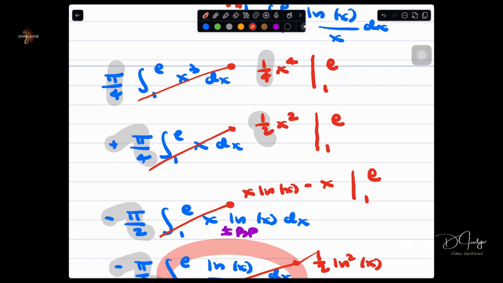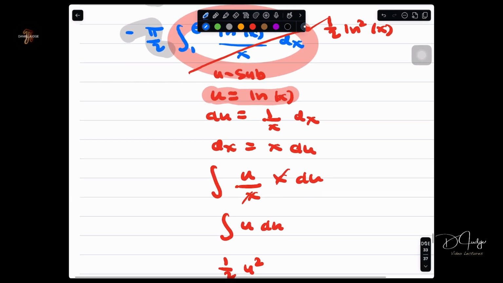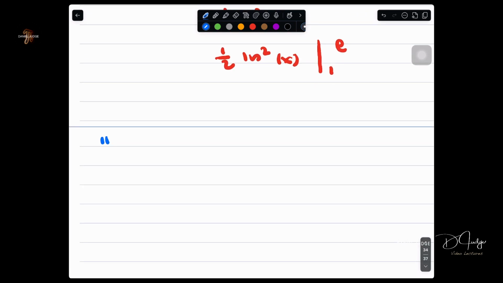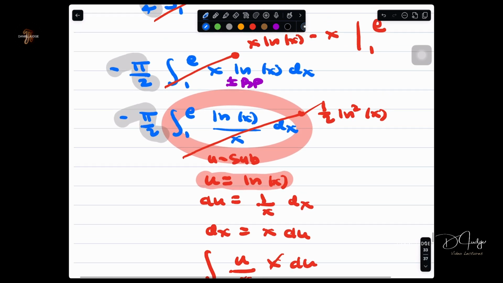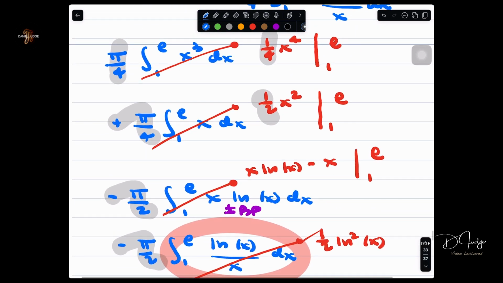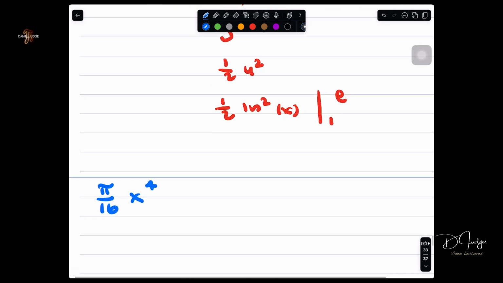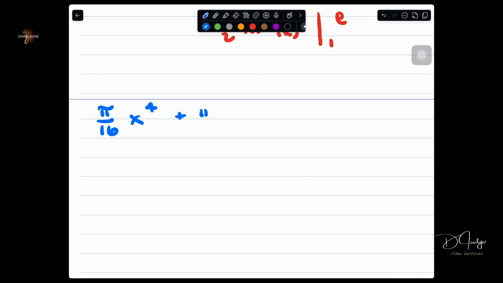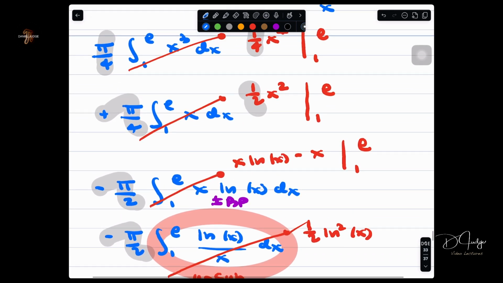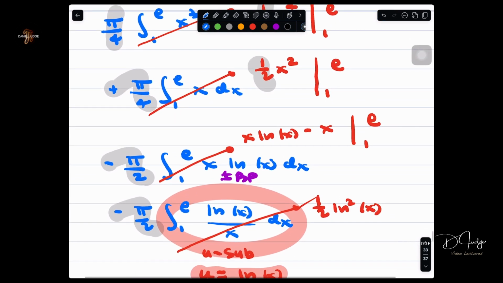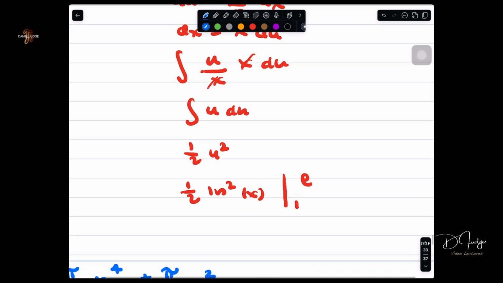So this first one's going to be pi over 16 x to the 4th. Okay, so pi over 16 x to the 4th. Let's write that down here. Pi over 16 x to the 4th. And then pi over 8 x squared. Okay, and minus now pi over 2, x ln x minus x.